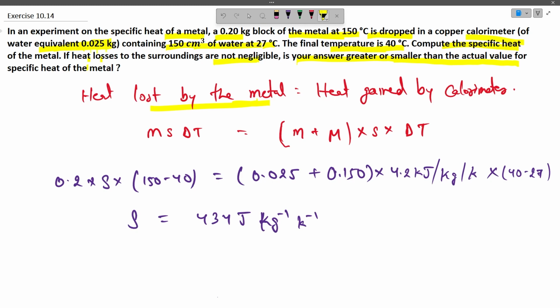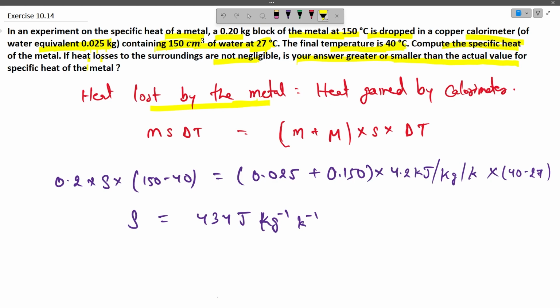That is, the heat consumed by the fluid would be equal to the heat consumed by this much quantity of water, and additionally it also has water of 150 cm³. Now they both were at 27 degrees centigrade and the final temperature was recorded to be 40 degrees centigrade.